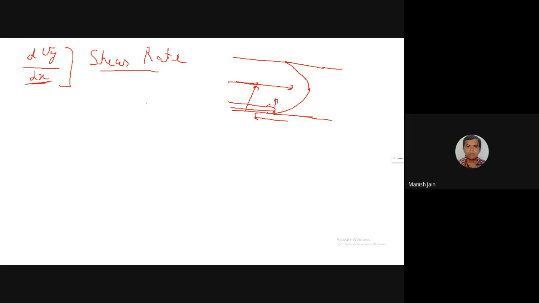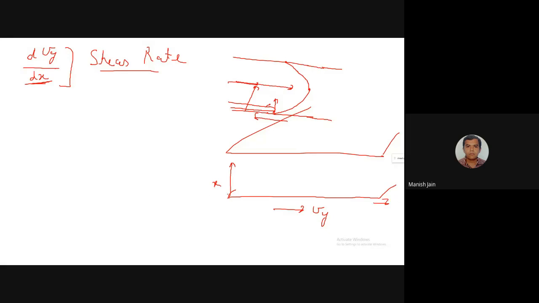Dx is the direction where velocity is changing. So suppose you have two parallel plates. This is the y direction, fluid is flowing in the y direction, and this is the x direction. When the bottom plate is moving, the velocity of the fluid is changing. Here the adjacent layer has the velocity vy.